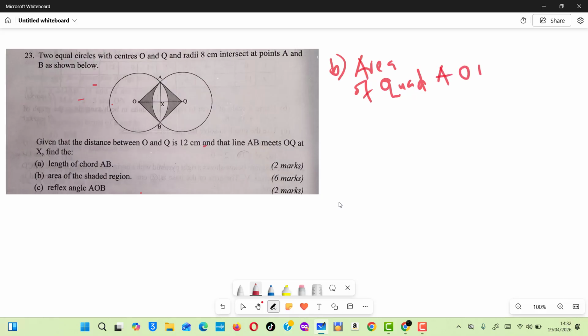So for us to get the area of the shaded region, the area of the shaded region will be area of quadrilateral, and this quadrilateral is AOBQ, and then we subtract from the area of the oval part, and the oval part is the unshaded part.